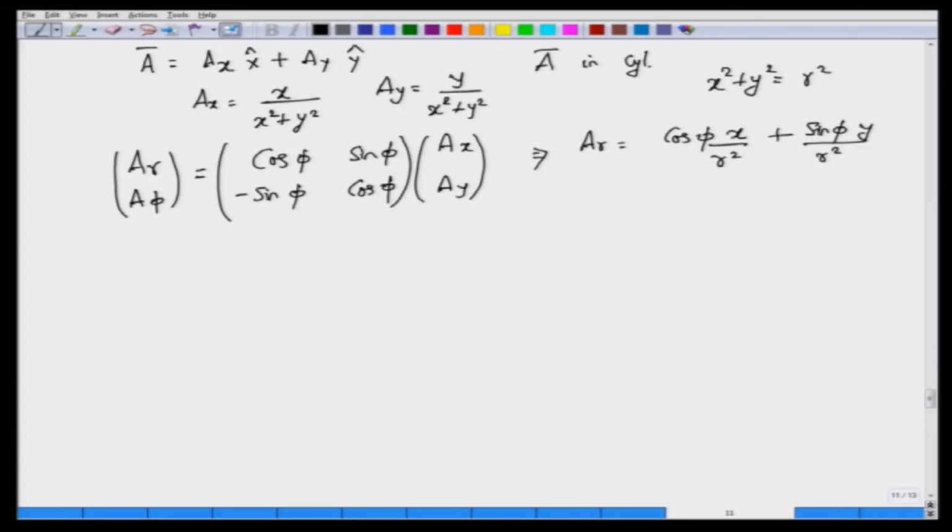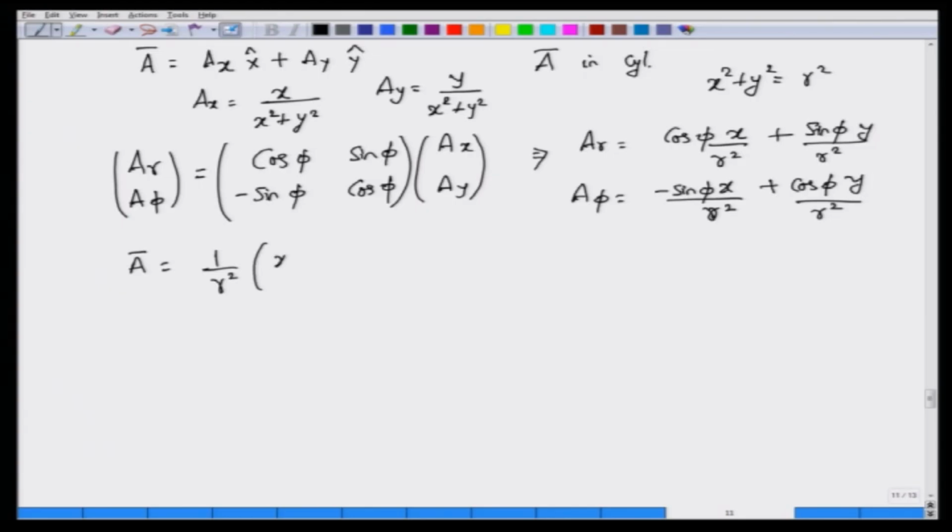But what is x cos phi and what is y sin phi, and what is A phi? A phi is minus sin phi x by r square plus cos phi y by r square. Now, let us write down the vector in the cylindrical coordinate system. This vector will be equal to 1 by r square, which is a common factor coming out everywhere, so I can take that common factor out.